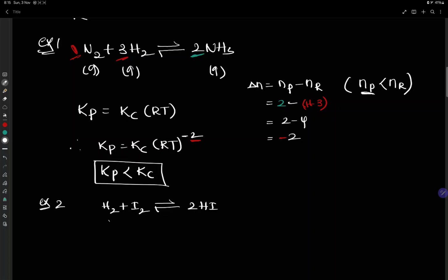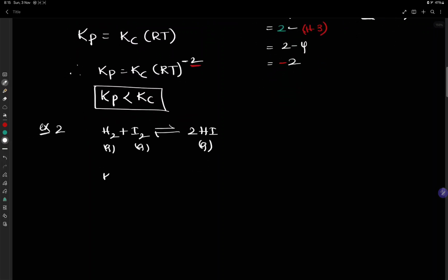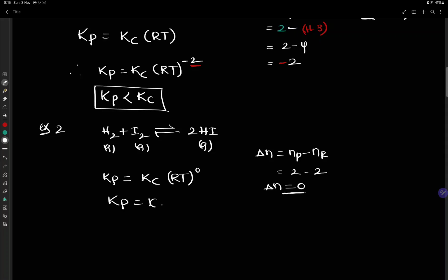Here H2 is gas, I2 is gas, and 2HI is gas. Then Kp is equal to Kc into RT power delta N, where delta N is Np minus Nr. Np is 2 and Nr is 2, so delta N is 0. RT power 0 is 1, so Kp is equal to Kc.